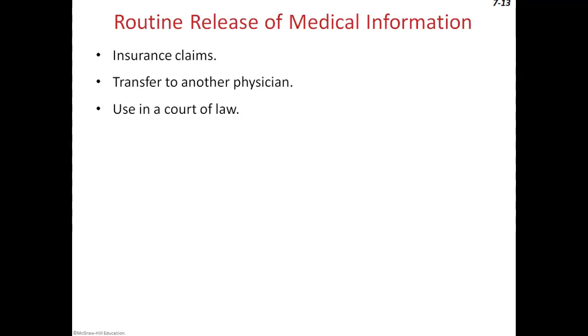Transfer to another physician, in which case the physician may photocopy and send the entire record or may send a summary. Or for use in a court of law, when subpoena duces tecum is issued for certain records, the subpoena commands the witness to appear in court and bring certain medical records with them. The patient's written consent to release these records is waived.